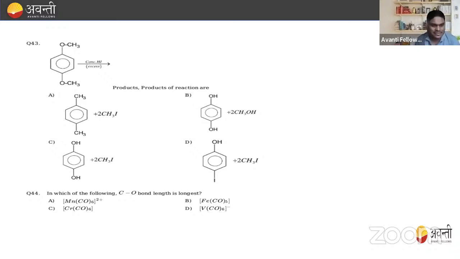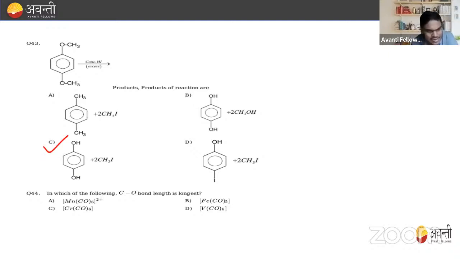We know that the OH group of phenol cannot be replaced by iodide ion. It does not undergo nucleophilic substitution reaction under normal conditions. So the products of the reaction are that is C. Why C?